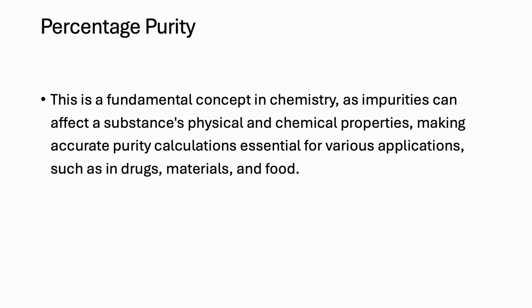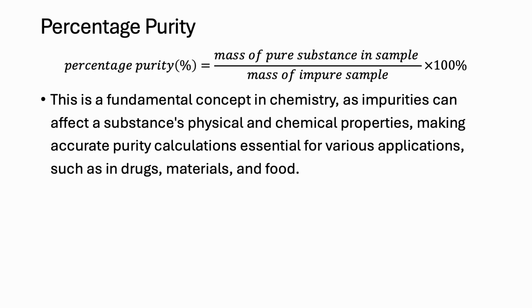Basically, percentage purity is a fundamental concept in chemistry, as impurities can affect the physical and chemical properties of a substance, making accurate purity calculation essential for various applications such as drugs, materials, and food. So the formula would be mass of pure substance in sample divided by mass of impure sample times 100%.